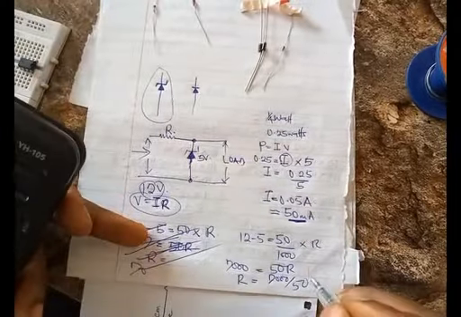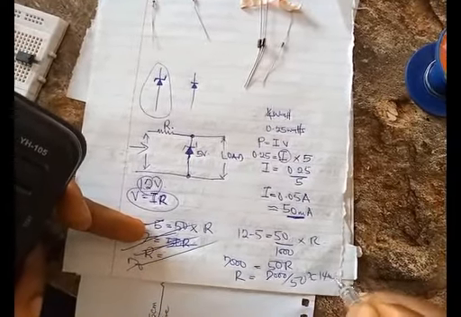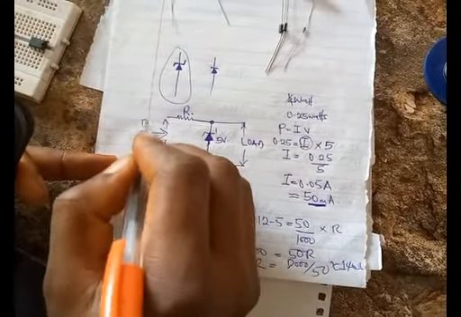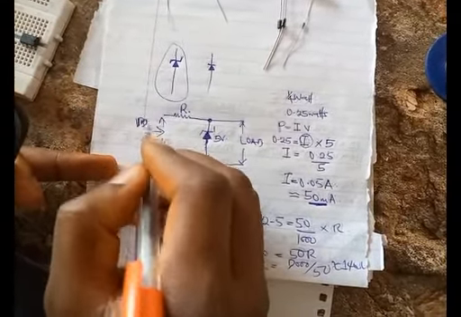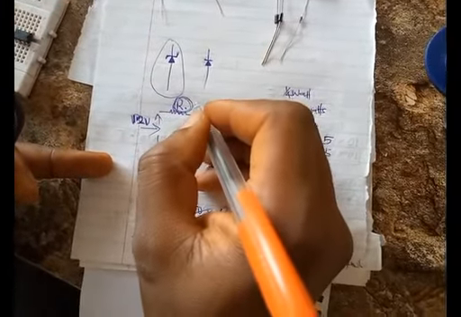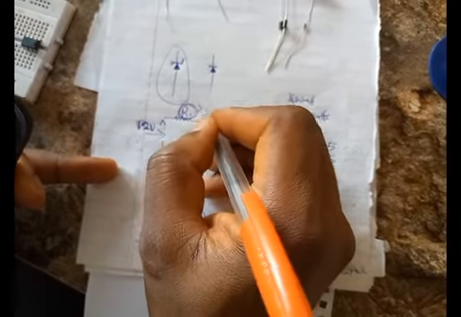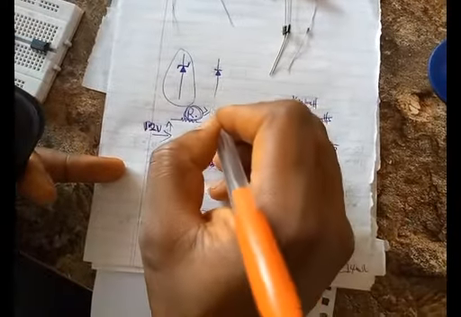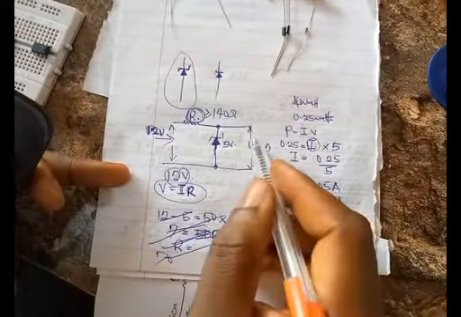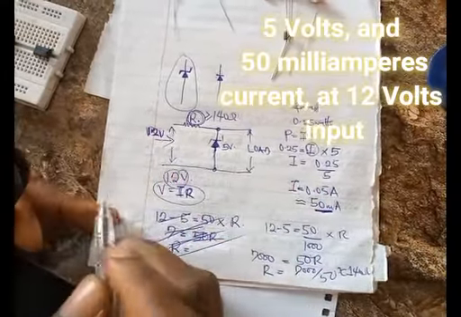That gives us approximately 140 ohms. All right. So if we're putting in 12 volts here, we want to make this resistor value greater than or equal to 140 ohms, so we can have 5 volts at the output.